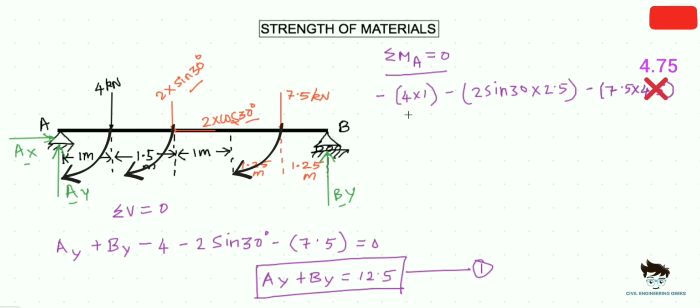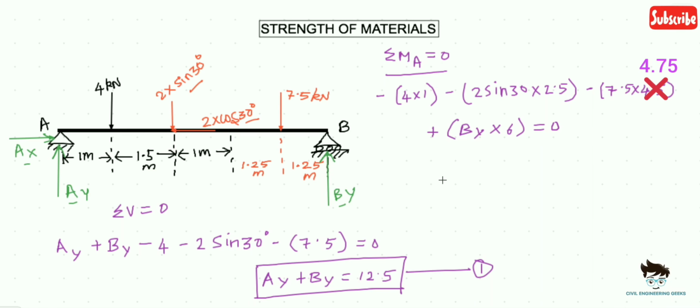Correct? And what is the left out one? It is BY times 6 meters, and it is going to create a counterclockwise moment, so we are using positive sign for that, and that is equal to 0.